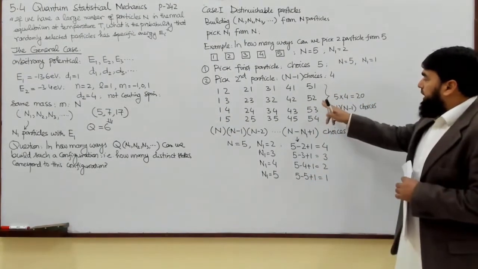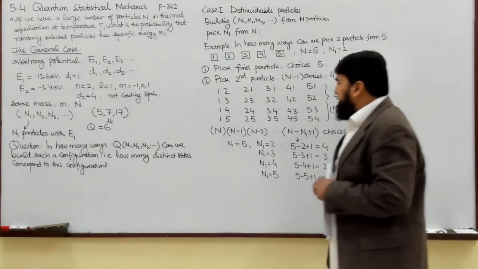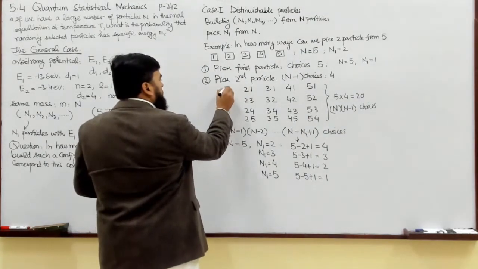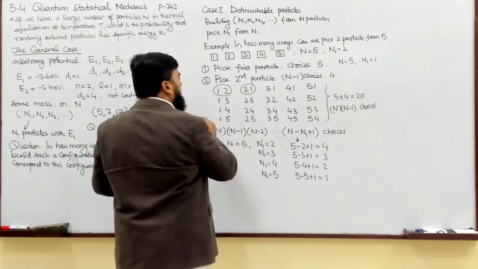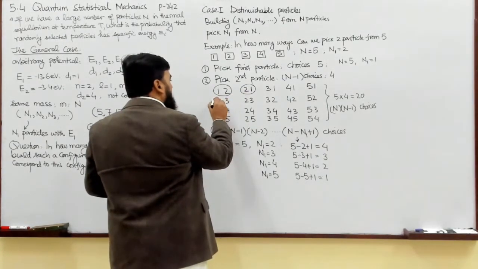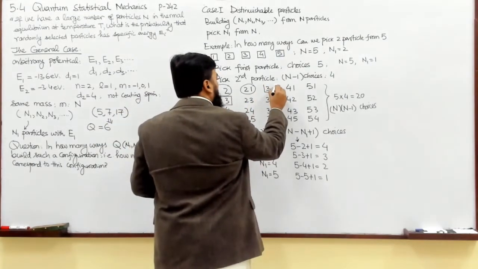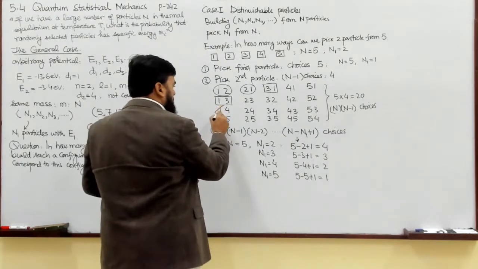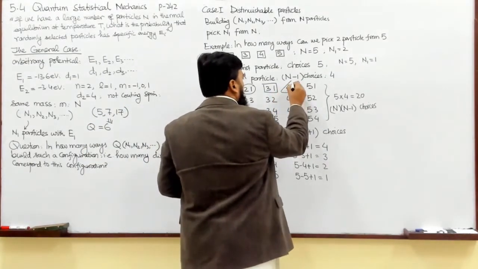Now if I look at this configuration, then I see that there are pairs like 1, 2, then 2, 1. Similarly, 1, 3 and 3, 1. 1, 4 and 4, 1.